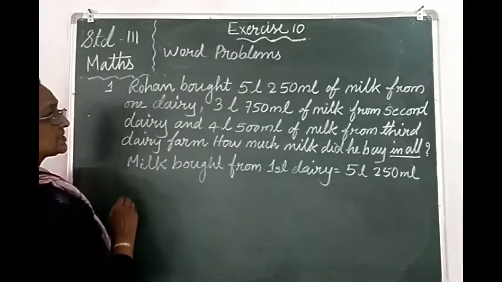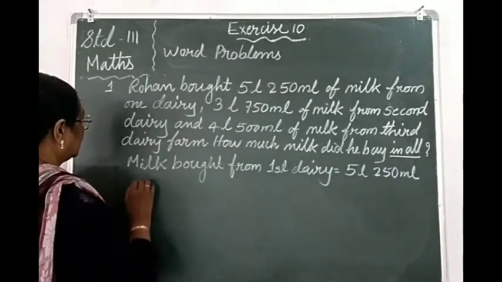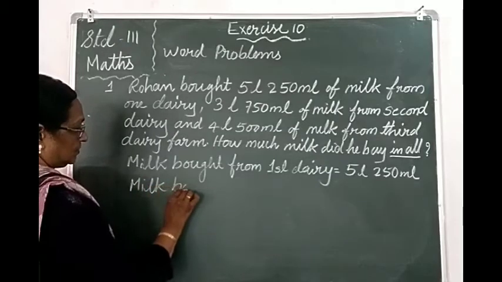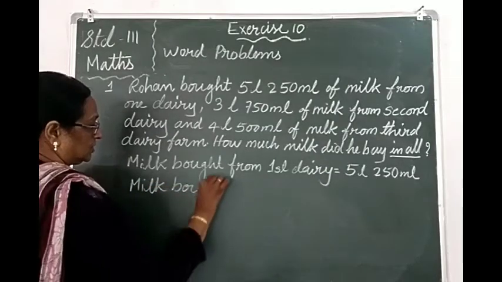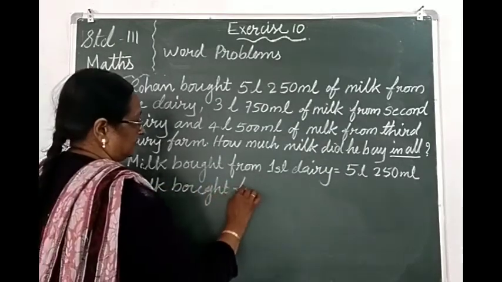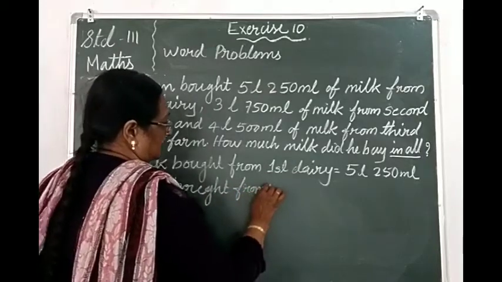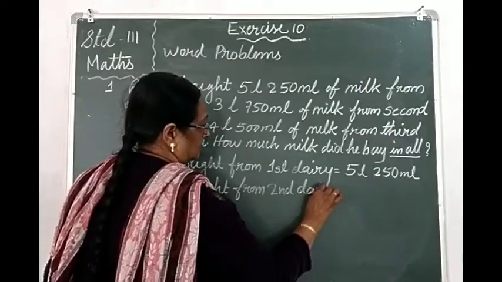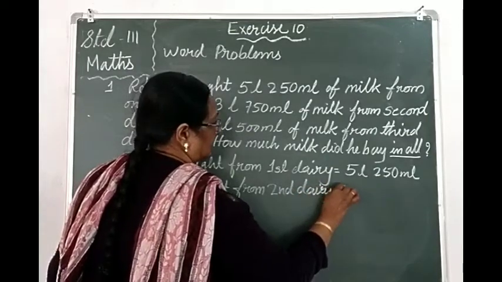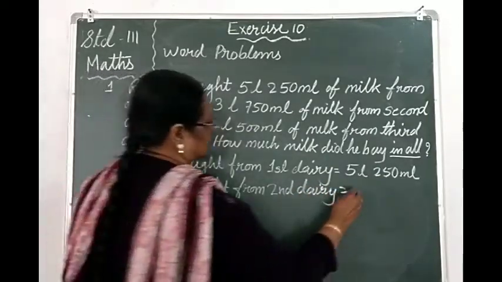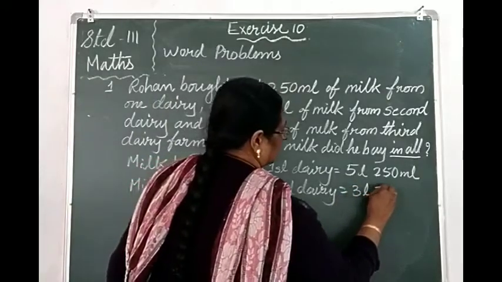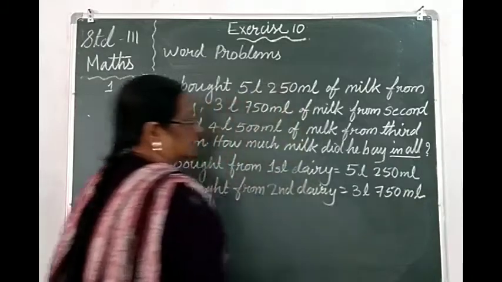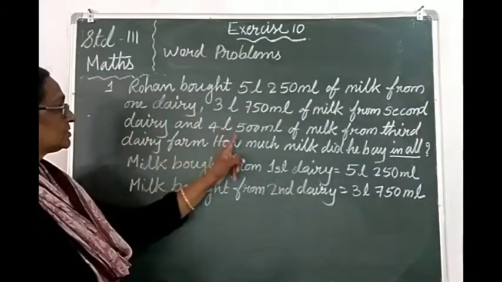In the same way, from second dairy, how much he bought? Milk bought from second dairy is equal to 3 liters 750 milliliters. Now from the third one, how much he bought, children?